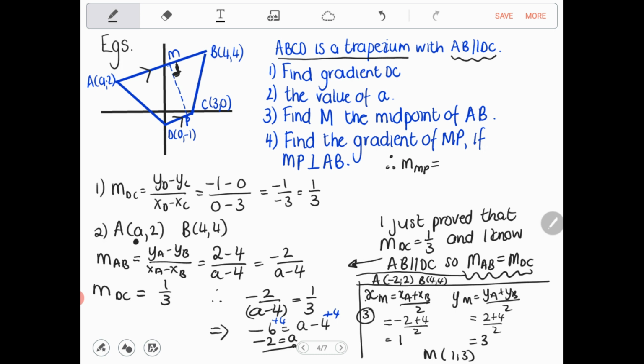It's 1/3, hey? So the gradient of AB is 1/3. So that tells me that the gradient of MP has to be -3/1, which is -3. Okay, because we're told that the lines are perpendicular to each other.